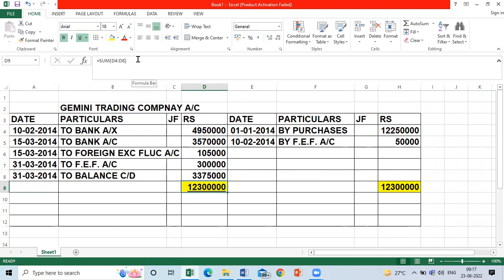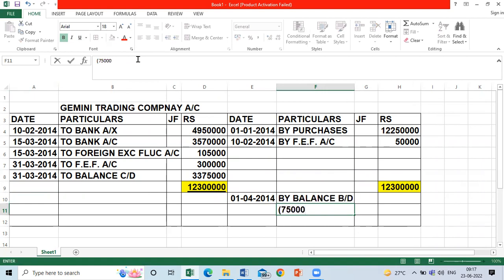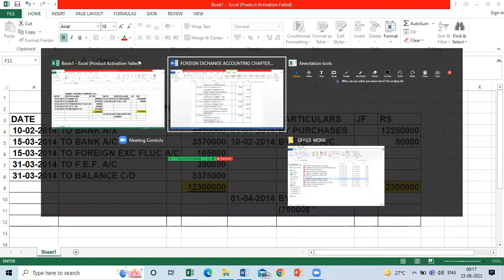Done? Understood? Any doubts? Now 1st April 2014. Again the balance will be carried forward, to balance brought down. Now these are the $75,000 that are outstanding, which we had valued at what price?